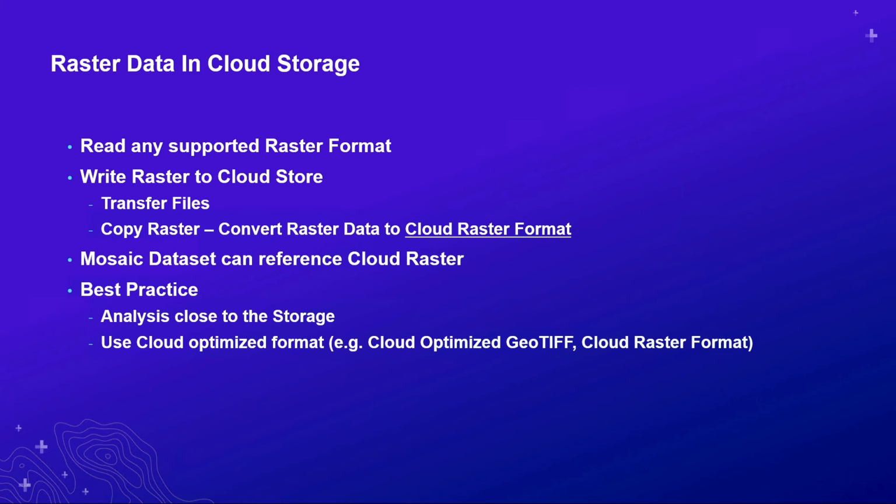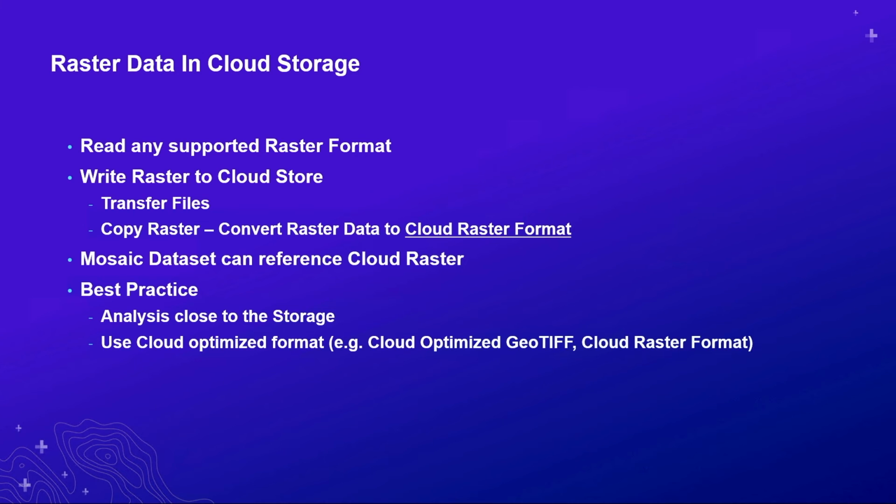If you want to transfer TIFF imagery, for example, to the cloud store, you can just use this tool. Or you can use the Copy Raster tool, and convert the raster data to this new cloud raster format. I'll explain more about what this cloud raster format is later on. There's a reason why you want to convert your raster data to the cloud raster format in the cloud store.